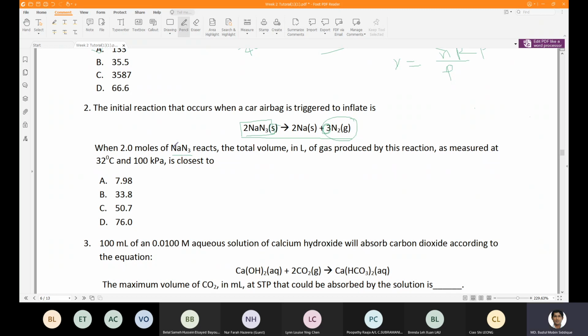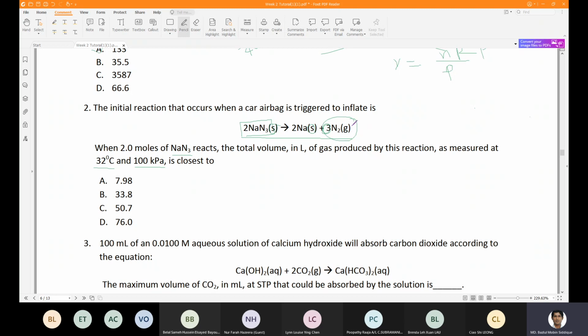When 2 moles of sodium azide are reacted, the total volume in liters of gas produced by this reaction, as measured at 32 degrees centigrade and 100 kilopascal, is closest to what? That means how many liters of gas will be produced. In this case, nitrogen is the only gas; sodium is solid.